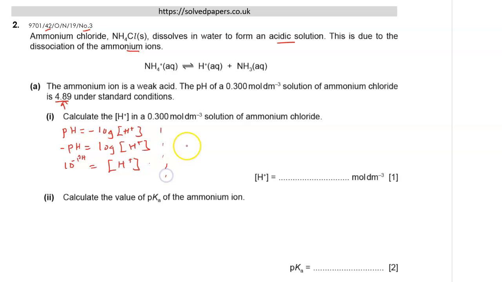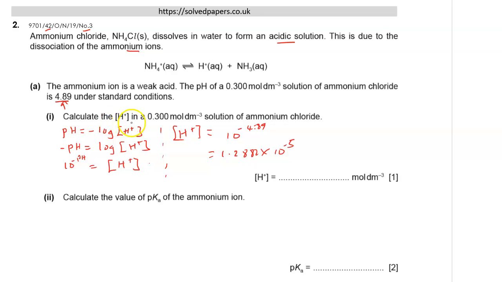Therefore, the concentration of hydrogen ions is 10 raised to the power minus the pH, which is 4.89. Once you do that with your calculator, you'll get something like 1.2882 times 10 raised to the power minus 5.